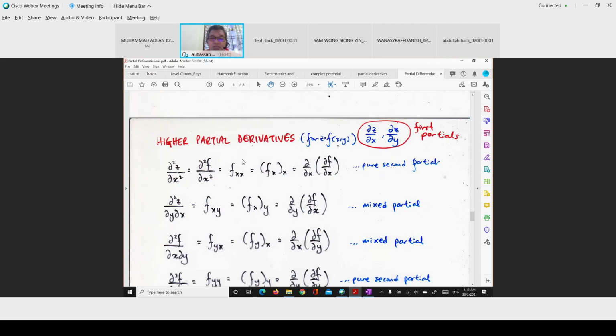So just like in calculus 1, where we have first order derivatives, second order derivatives, similar ideas can also be applied to partial derivatives. For example, the first symbol here is z partial x partial x.